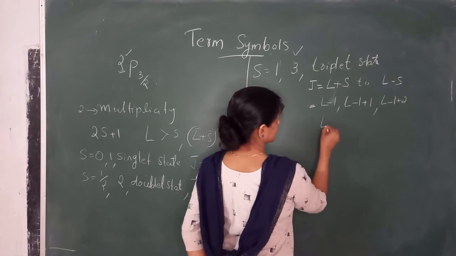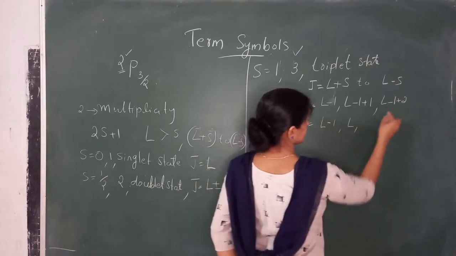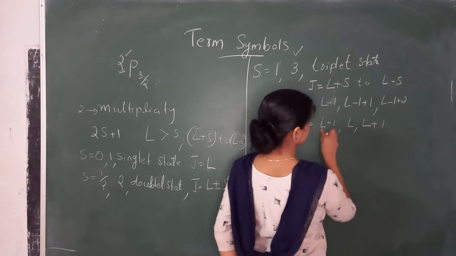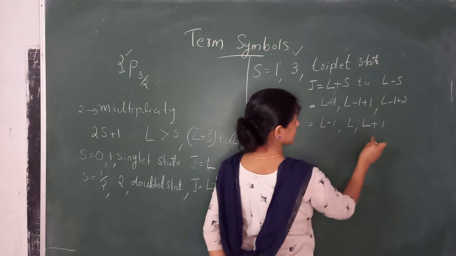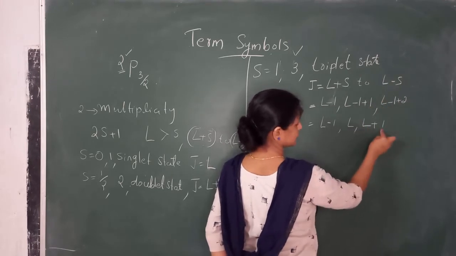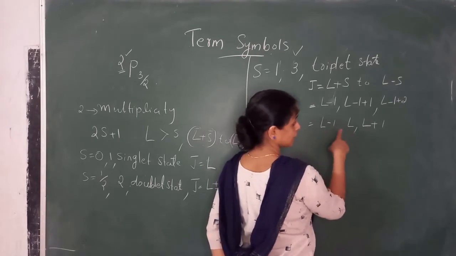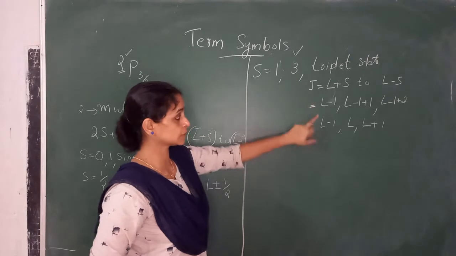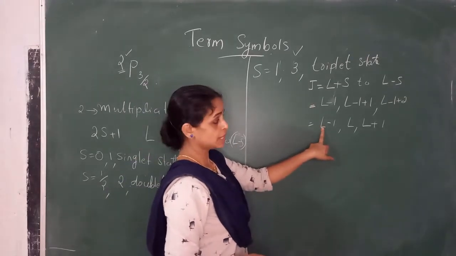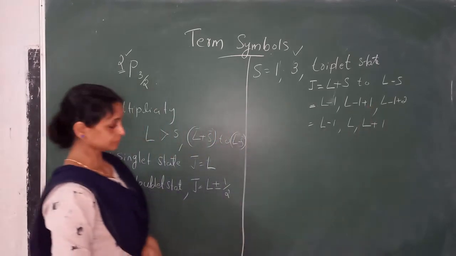That means L minus 1, then L, then L plus 1. So only three values: here for S equal to 1, L plus S to L minus S gives 3 possible values, 3 being the multiplicity. So there are 3 possible values for j, that is L minus 1, L and L plus 1.